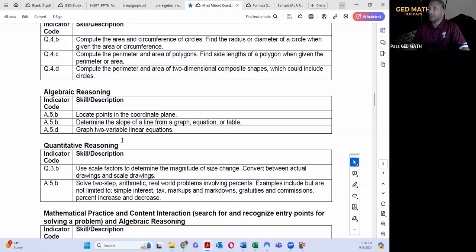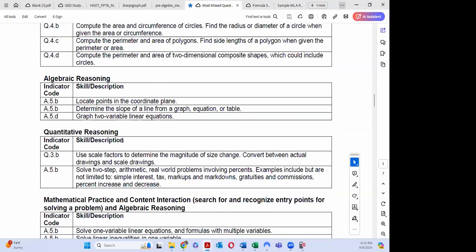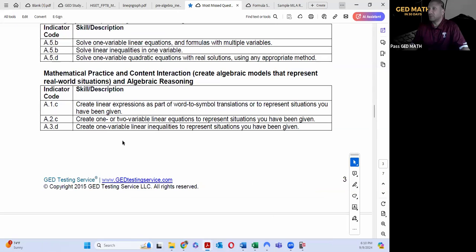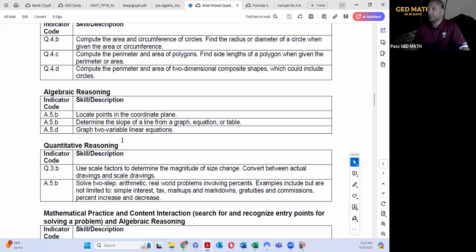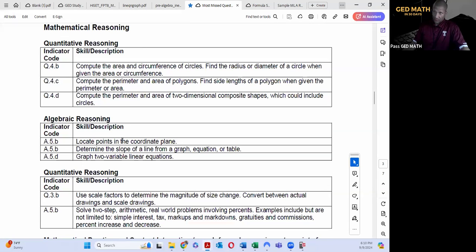But let me see. Is it on here? Oh, it's not one of the most missed questions. Is it on here? Nope. But I know a lot of times just hearing feedback from people that's on there. This is a list of the most commonly missed questions. Now, this was years ago, so they haven't released a new one.